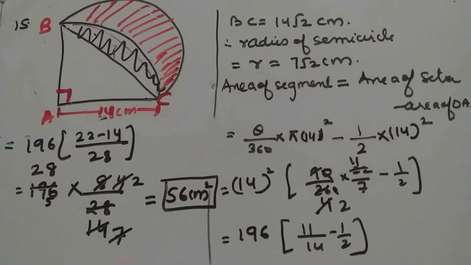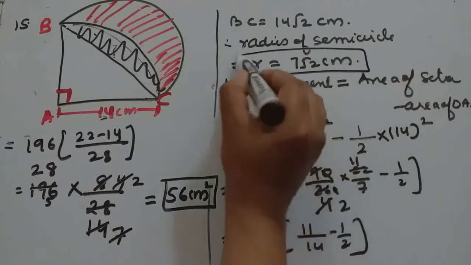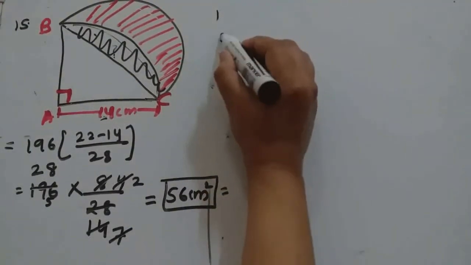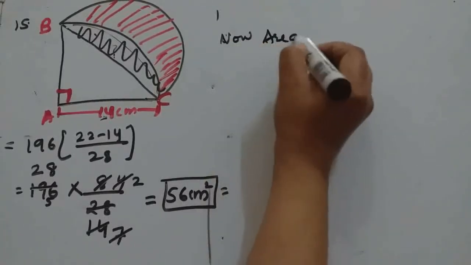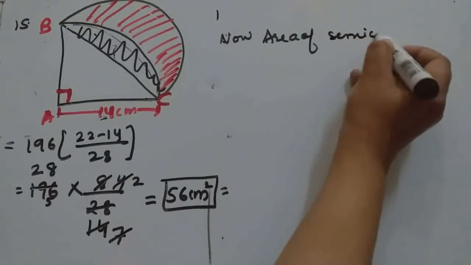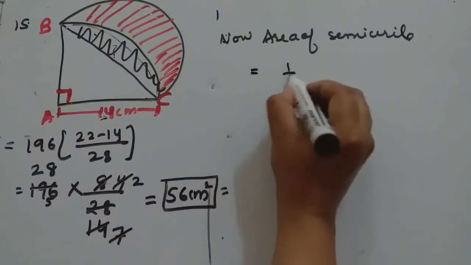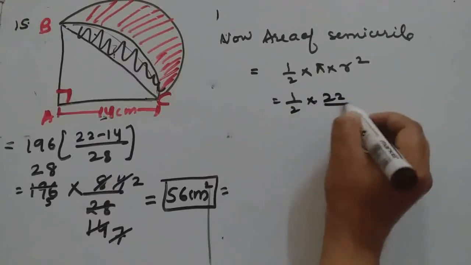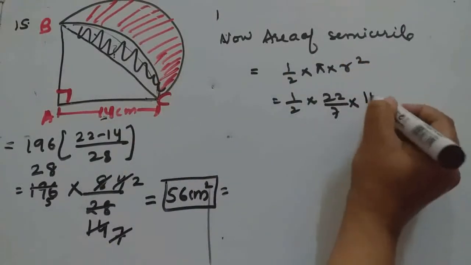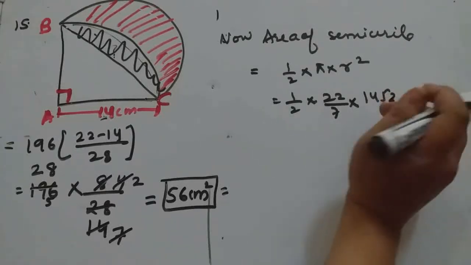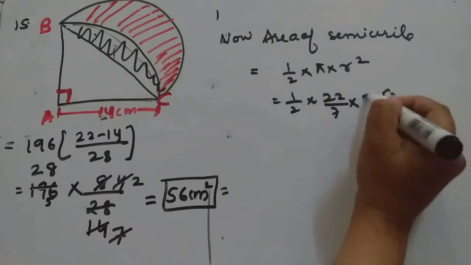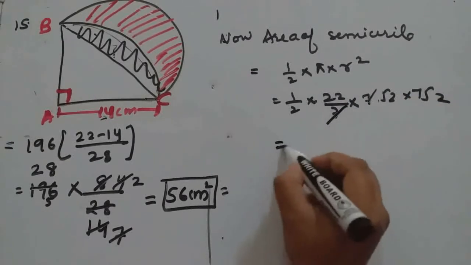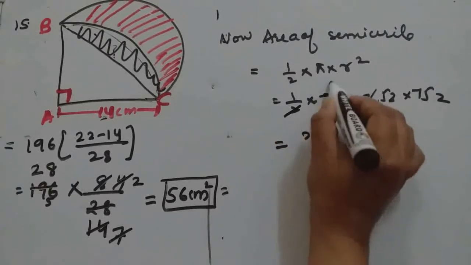So to find area of semicircle, now we know our radius also, isn't it? So we will write, now, area of semicircle, half into pi into r square. R we got as 7 root 2. So this 7 will go. Now this will go with 11.